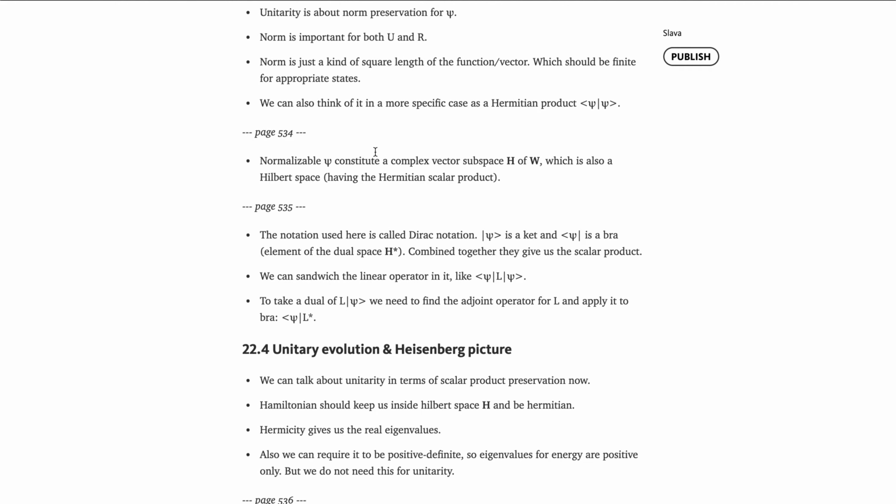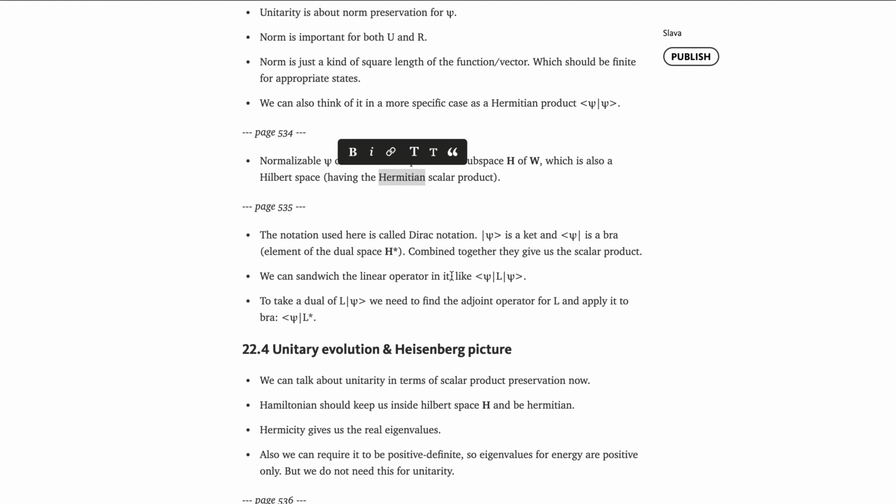You're just redefining the values, right? And the normalizable wave functions constitute a complex vector subspace H of W, which is also a Hilbert space, and a Hilbert space is just a space having a scalar product. In that case, because it's a complex one, it's called a Hermitian scalar product.